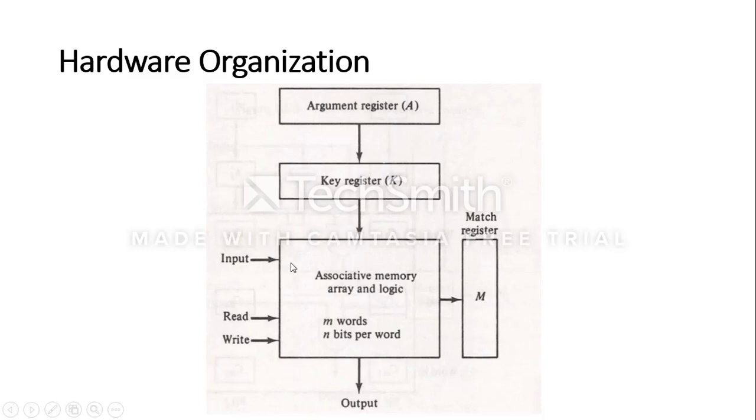So if the given word in the associative memory is matched with the content in the argument register, then the corresponding bit in the match register is set to 1. Otherwise, if no match occurs, then the corresponding bit in the match register is cleared to 0. So that is the purpose of the match register.